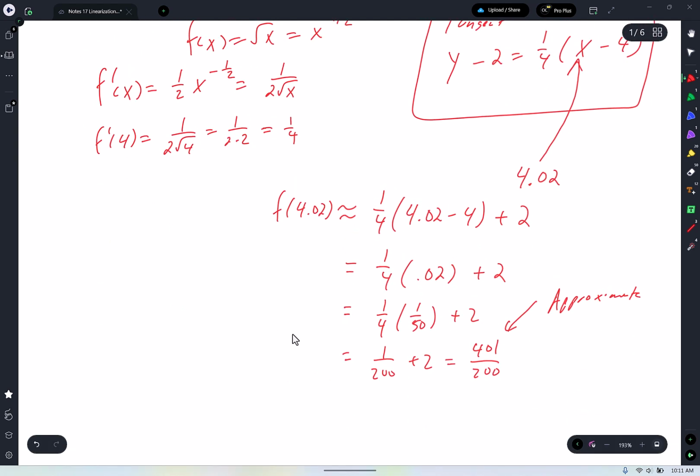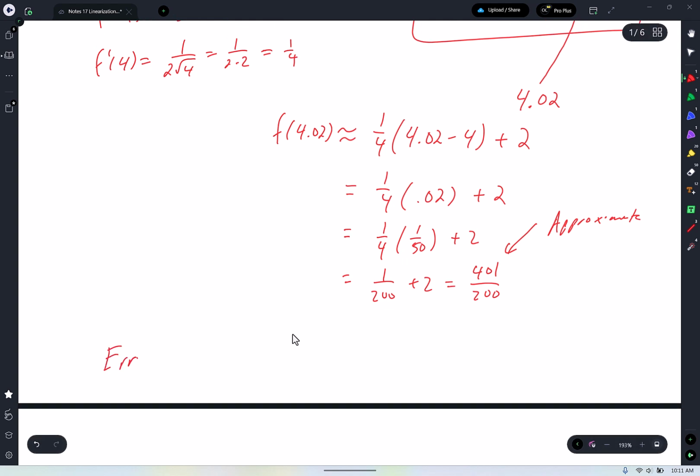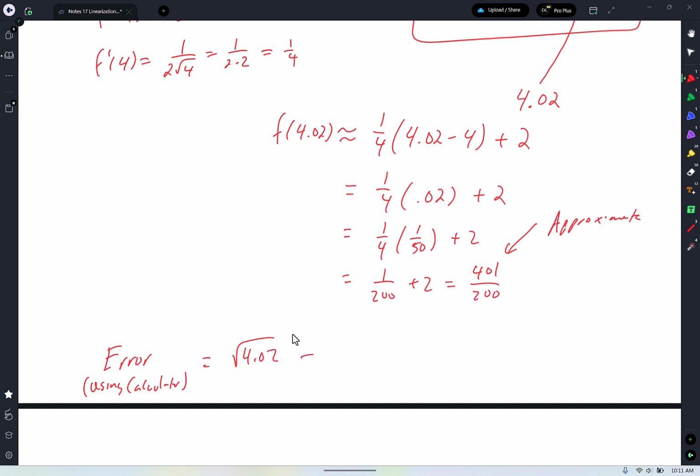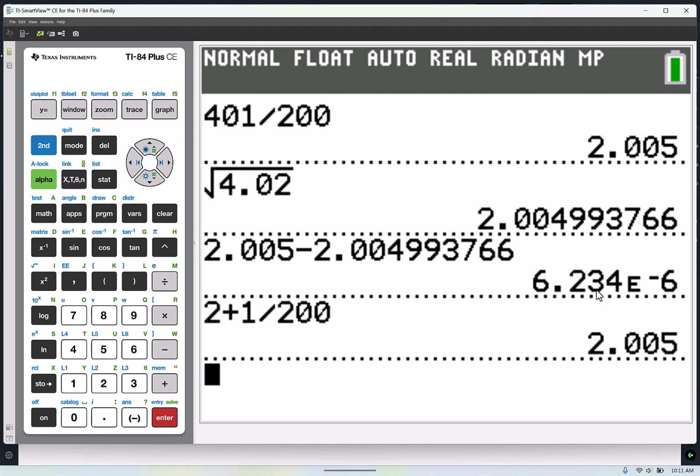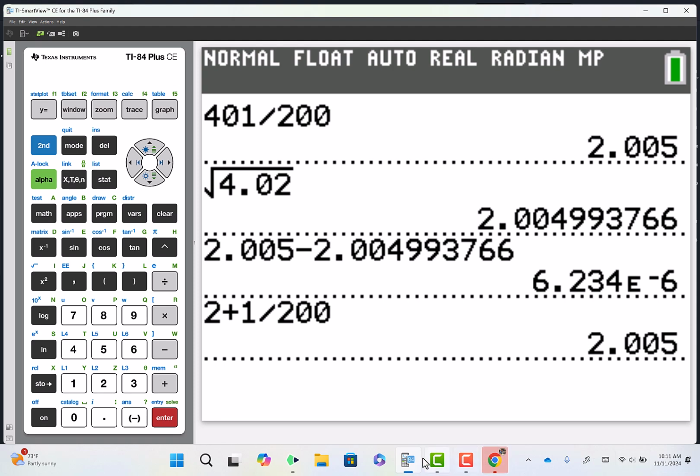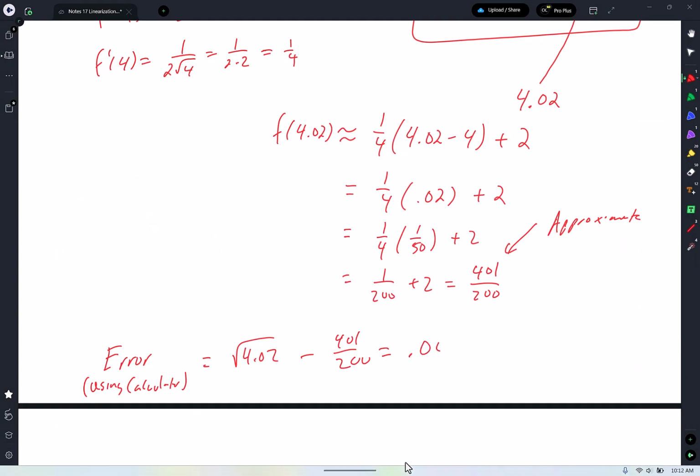So the error, using calculator, equals square root of 4.02 minus 401 over 200, which gave me about 0.000012345. This was my error.